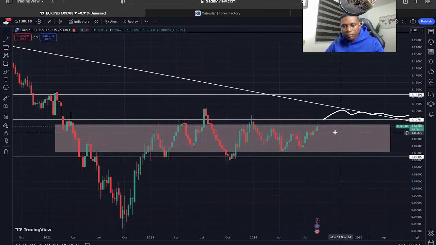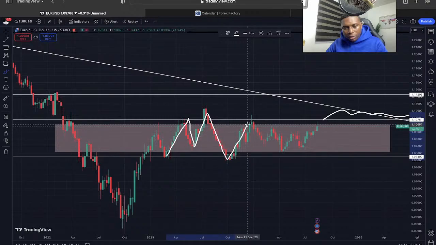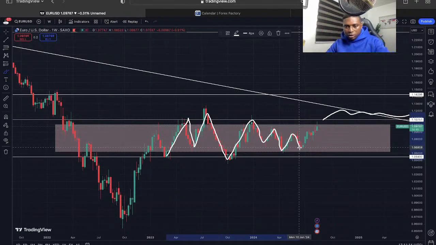Okay, good. So when it started from here up to this level, then down, up, then down, then up, down, up, down, up, down, now ranging just within this box.